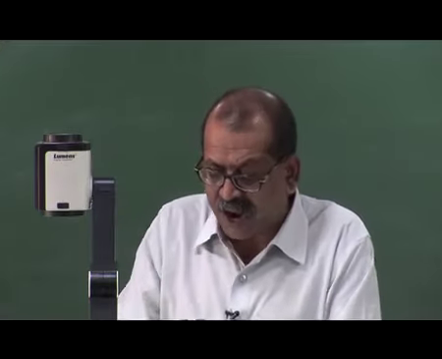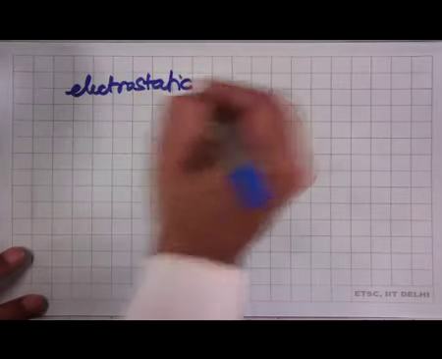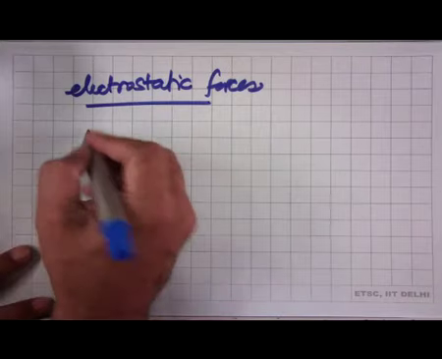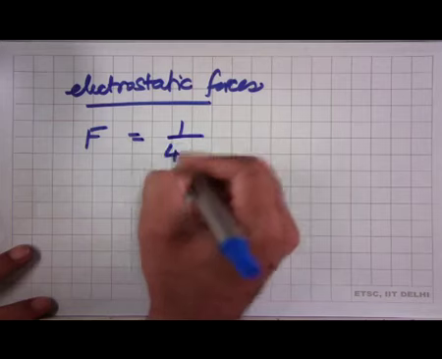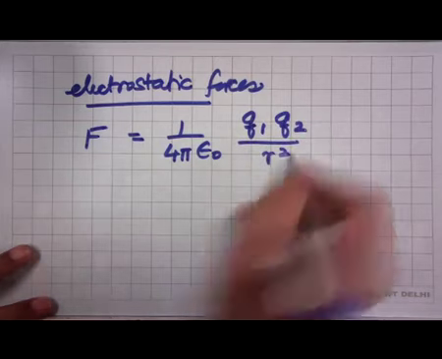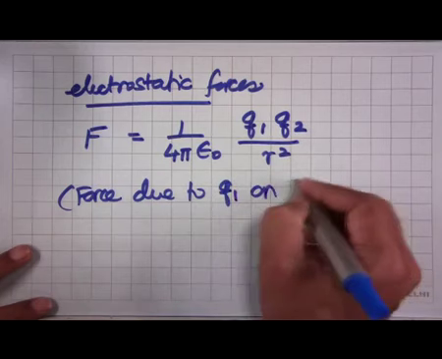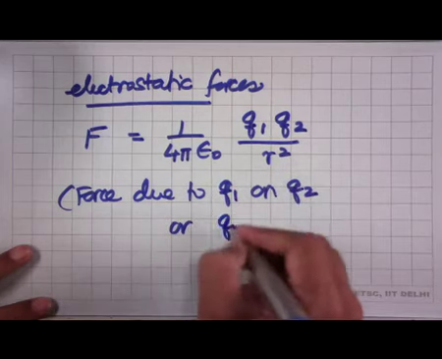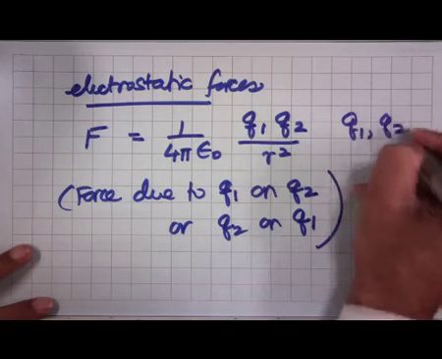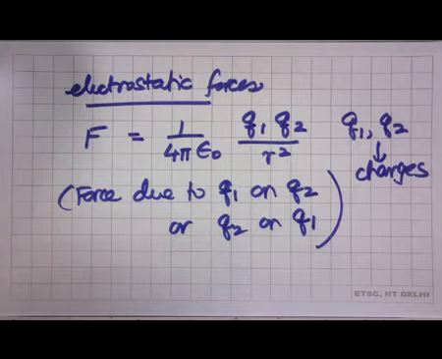There are two more forces which act from a distance. The first of these are the electrostatic forces which act on two charges. So, if there are two charges, then the force between them is given by 1 by 4 pi epsilon naught q1 q2 upon r square. This is the force due to q1 on q2, or due to q2 on q1, they will be equal and opposite, and q1 and q2 are charges, and details of this you will see when you do electrostatics.